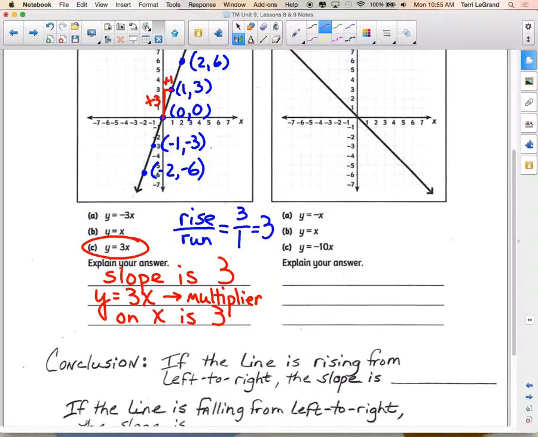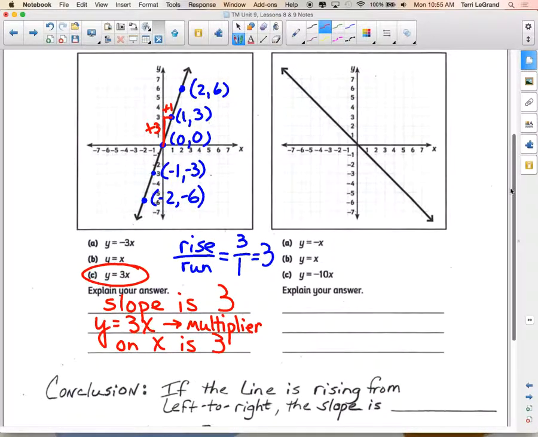Okay, this one we won't take time to make an xy table, but let's just say what the rule is. You have to do the input to get the output. Multiply the input by what? 3 to get the output.